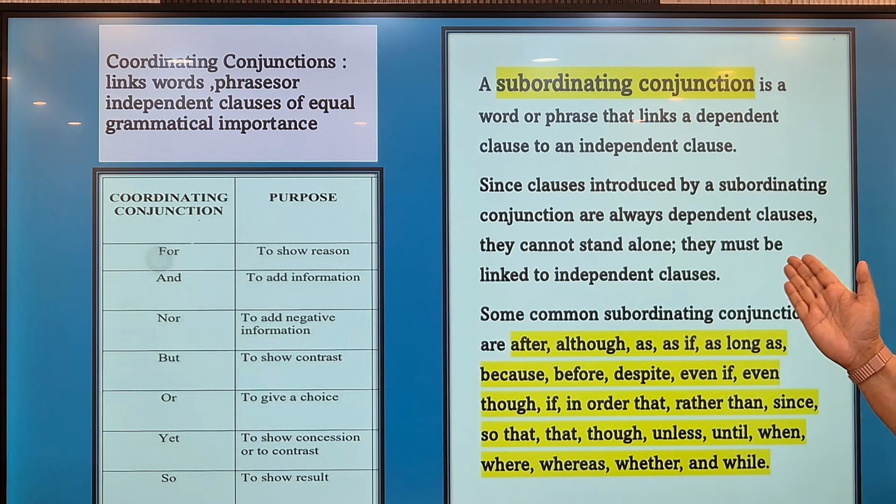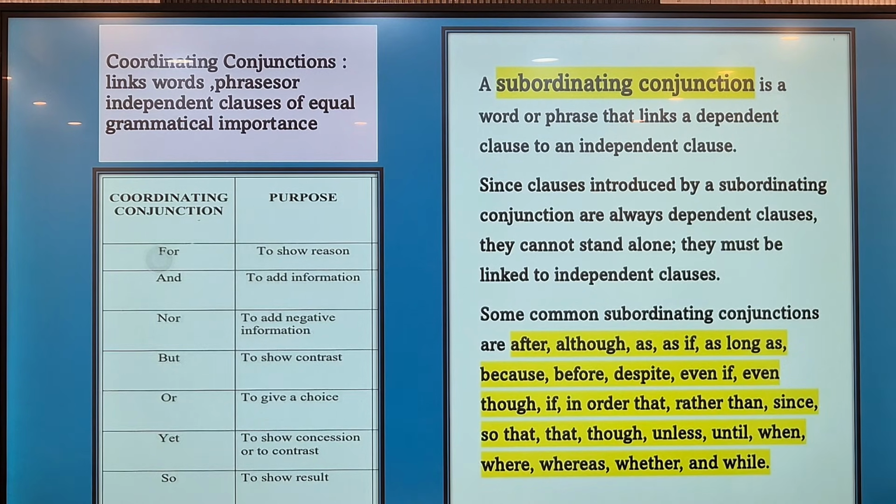For example, for is to show some reason, and is used to add some information, nor is to add negative information, but is to show contrast, or is when we give a choice or option, yet is used to show some contrast, and so is used to show some result. Here I'm having some tongue twisters.